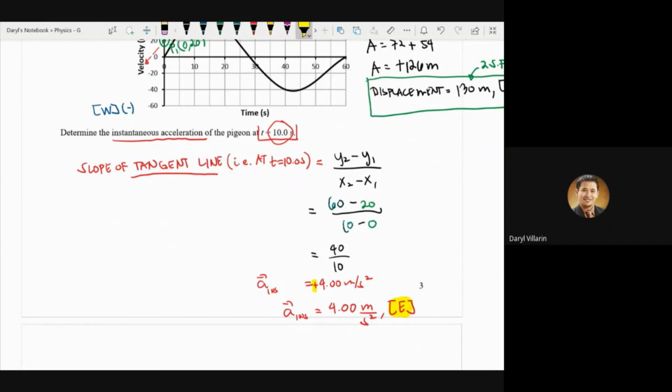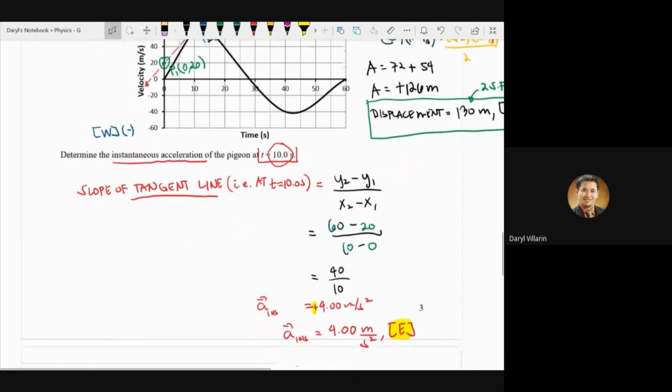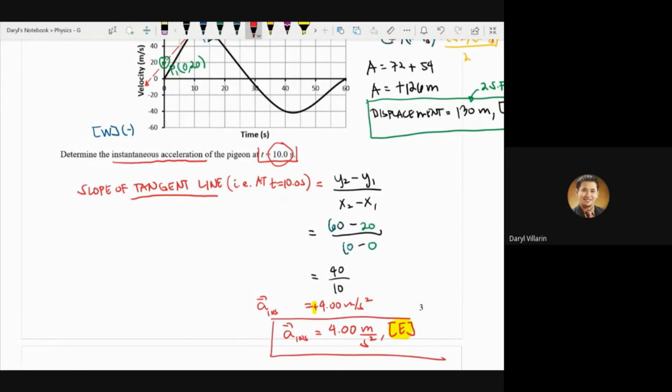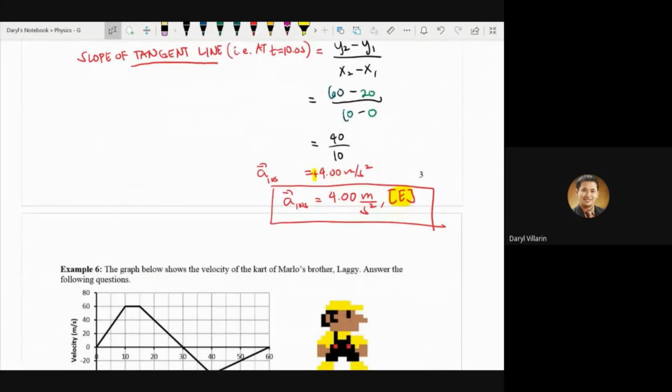If you're wondering why it is east, I assigned the positive value as east. And again, it asks for the instantaneous acceleration, so it is asking for both magnitude and direction. So my final answer should contain both the magnitude and the direction. Okay.